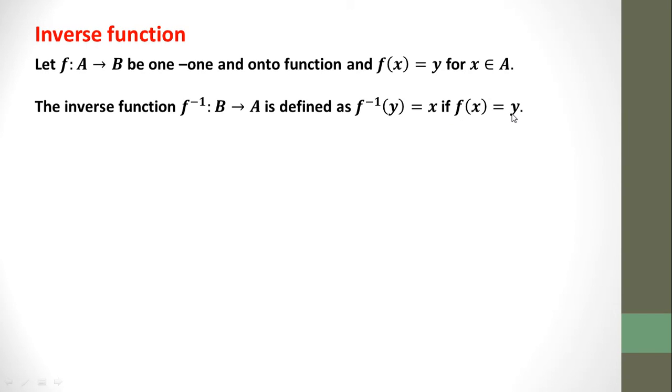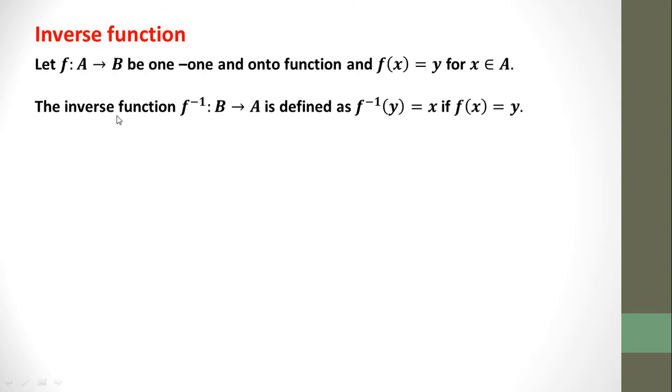If the original function is f of x is equal to y, then its inverse is f inverse y is equal to x. Letter x is used for an element in set A and letter y is used for an element in set B. That's why it is written like this, f of x is equal to y and f inverse y is equal to x. Okay, so this is the definition of inverse function.